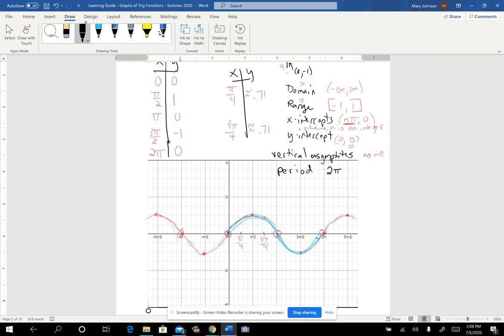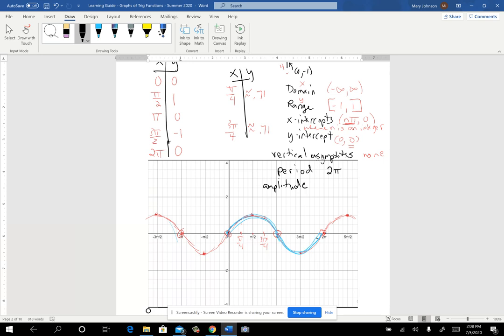Now, another word we use a lot with trig functions is called amplitude, and that has to do with how stretched vertically the graph is, how high up it goes, okay? So the amplitude is actually the difference between the x-axis and the highest point.